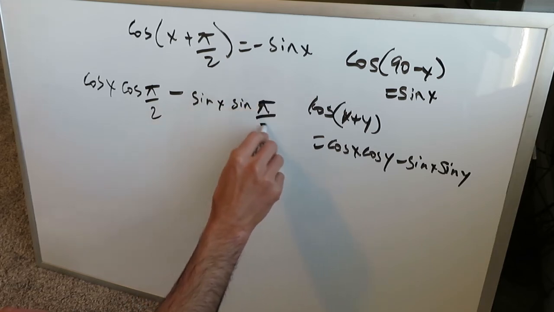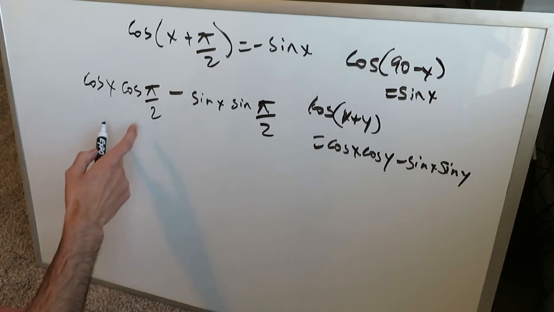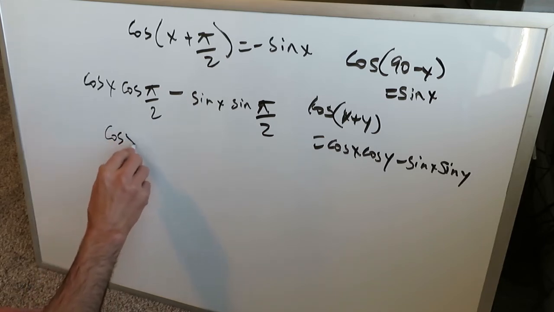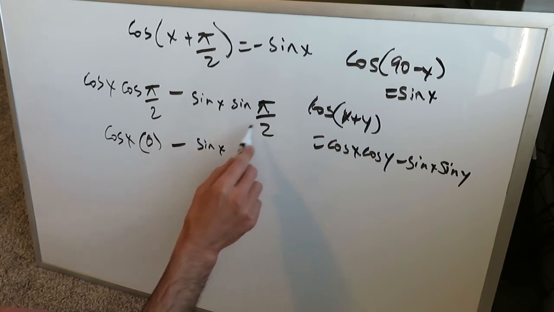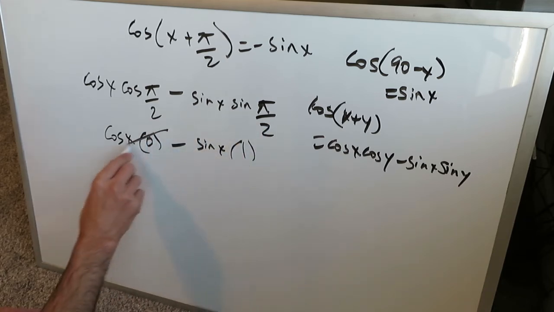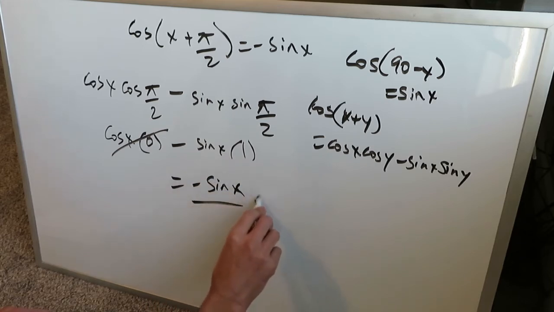Pi over 2 is equal to 90. Cosine of 90 is basically 0, so you get cosine x times 0 minus sine x. Sine of 90 is just 1. This zeroes out, you essentially just get minus sine x, and you're done. So this question here is done.